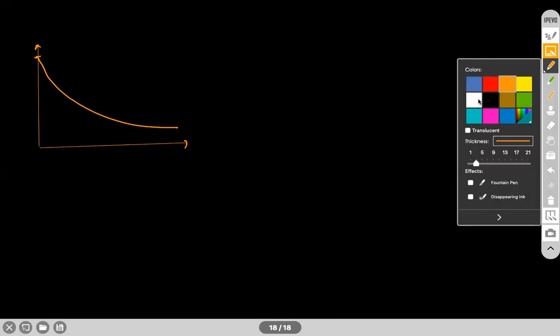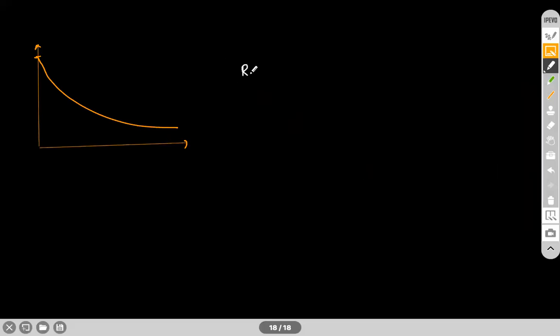So if I find out this, you see the rate of the reaction, rate of reactant is equal to minus of delta R by delta t, minus of this, correct?